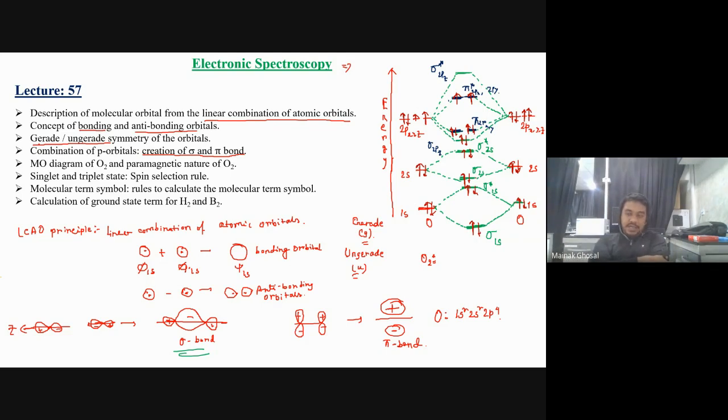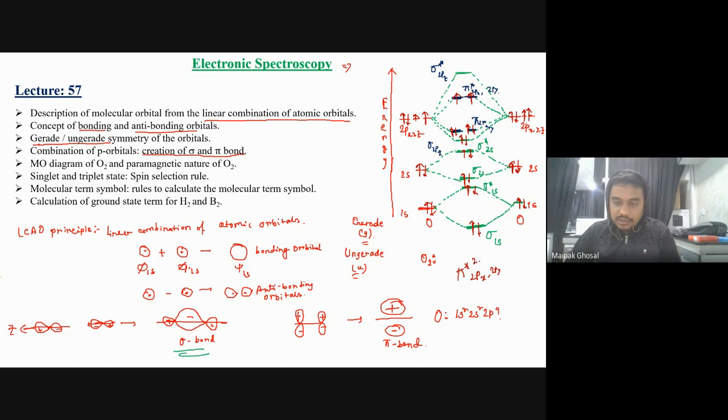Why are they not put in the same orbital? Because if two orbitals are there, singly occupying each orbital is much more favored compared to a full occupation and a vacant orbital. So in the highest orbital, we can see that there will be pi star 2px and 2py.